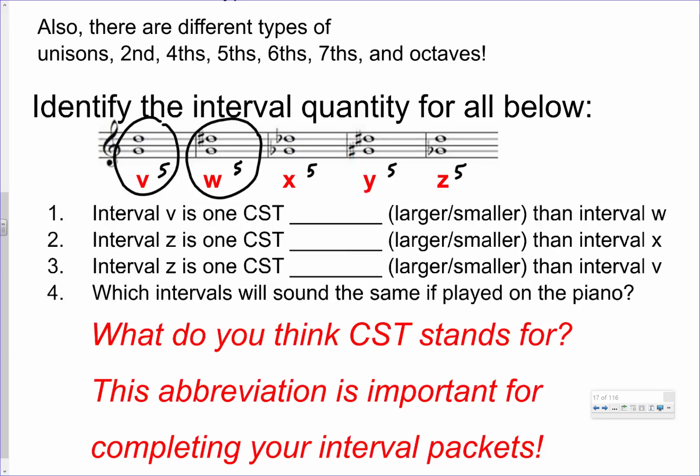So, interval V sounds as this, G to a D, and here's interval W. So because interval W has a D sharp, interval W is larger. So interval V is 1 chromatic semitone smaller.